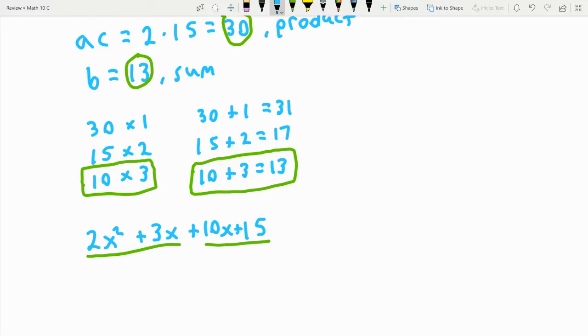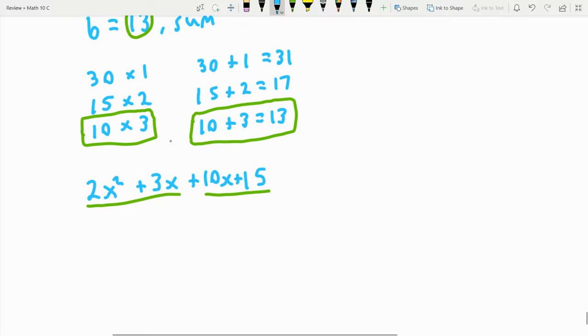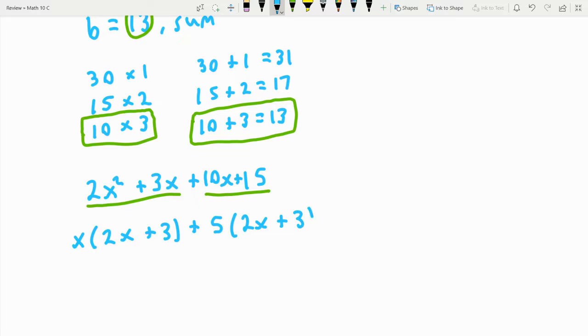In this case, for 2x squared plus 3x, I can divide out the x. So I'm going to do that. And what I have left should be 2x plus 3. And now for 10x plus 15, I can divide out a 3. No, a 5. I can divide out a 5. So I'll do that. And what I have left inside should be 2x plus 3.